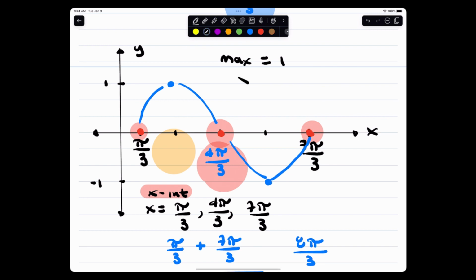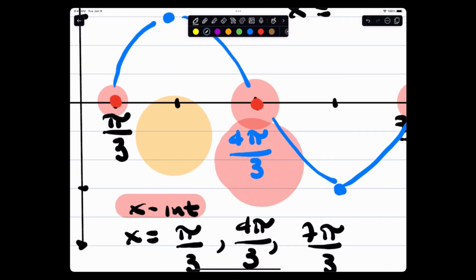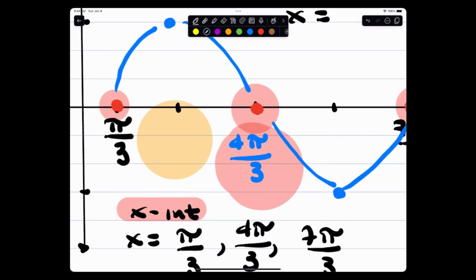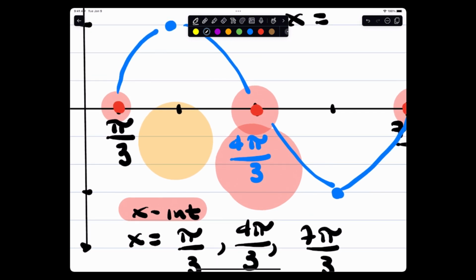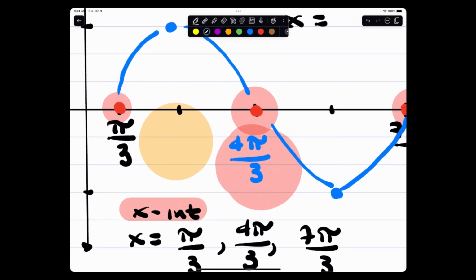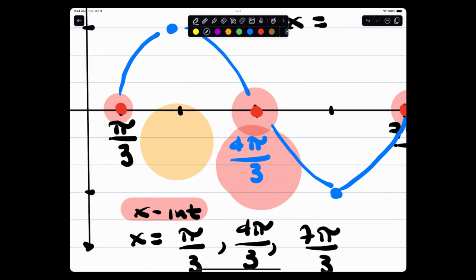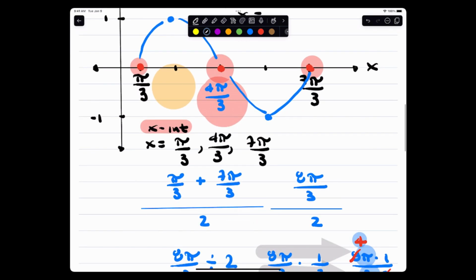Happens over here. For x is what? Yes. You're going to have to find what again? What's midway between pi over 3 and what? 4 pi over 3.